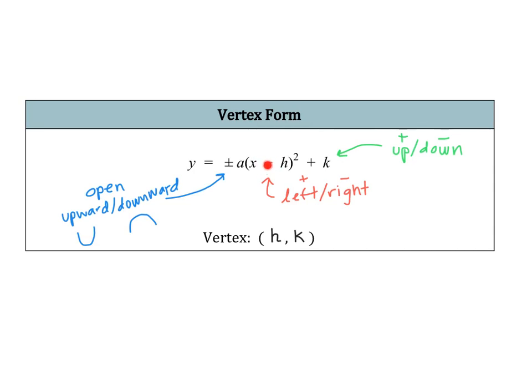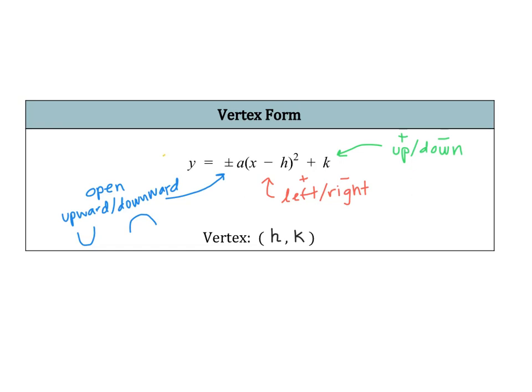So if you see minus 2, we're actually going to put a positive 2 here. And if you see positive 3, we actually put a negative 3 here. So we're going to describe our transformations, find our vertex, and then sketch a really quick graph. And if you know where your vertex is and you know which way it opens, you should be good to go. Oh, there's one more we left out.